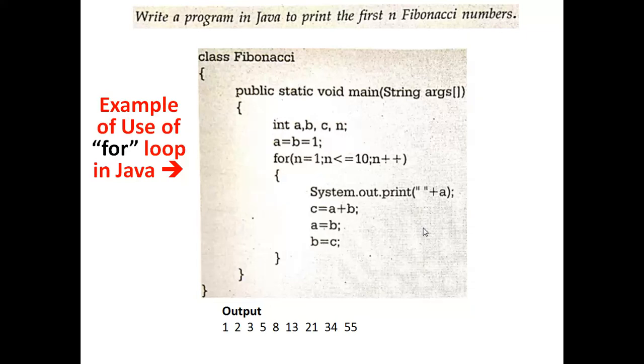This loop will execute until the value of n goes beyond 10. Once that happens, the body part of the for loop will not be executed. And in this way, we have seen the use of the for loop in these conditional statements.